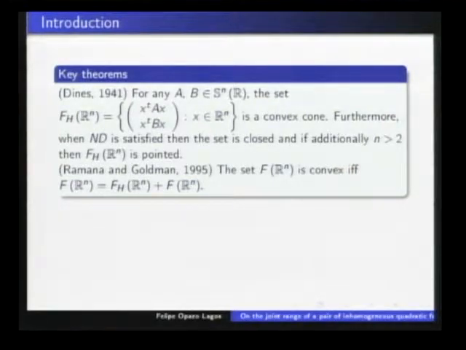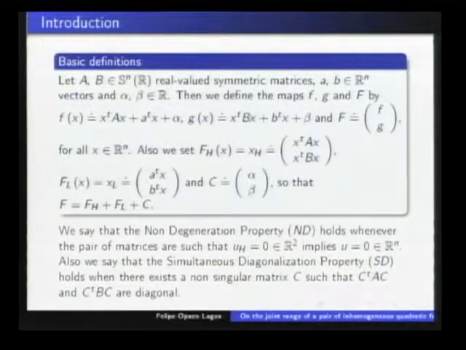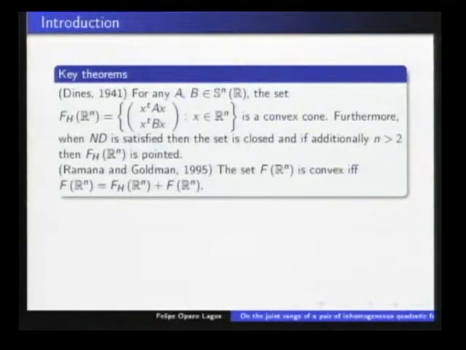And then we get this result from Ramana and Goldman, which states a characterization of the convexity of this set, which is again a very strong one because this set, remember, with the linear terms, has no necessity of being convex. So this is a very strong characterization.